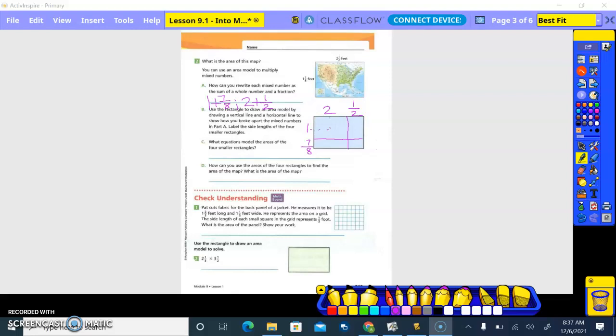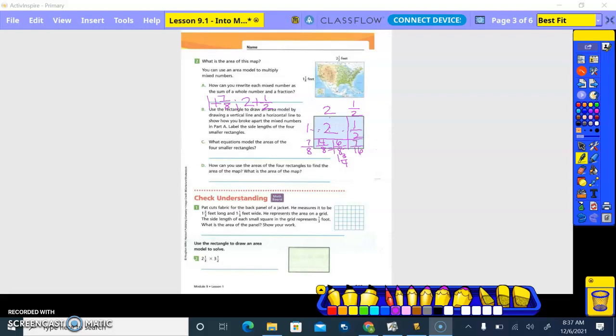So 1 times 2 is 2. 1 times 1/2 is 1/2. 2 times 7/8 would be what? 14/8, which would equal what? 1 6/8, which is equal to 1 3/4. And then 7/8 times 1/2 would get us what?